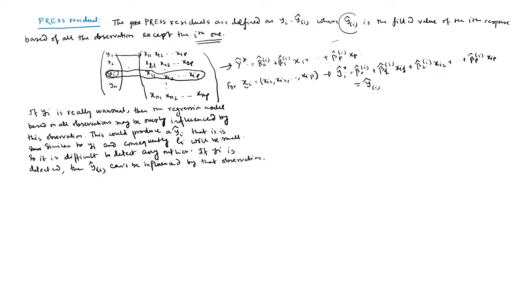So the resulting residual should be likely to indicate the presence of the outlier.